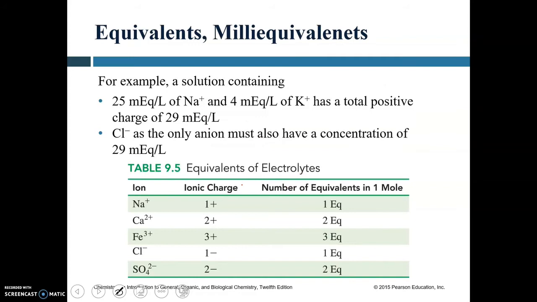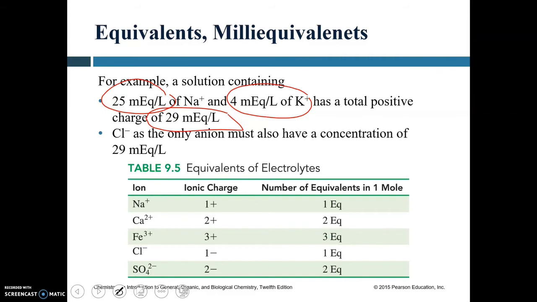So here's an example of the idea behind the equivalent. If a solution contains 25 milliequivalents per liter of sodium and 4 milliequivalents per liter of potassium, the total positive charge is 25 plus 4, 29 milliequivalents per liter. In this case, the amount of chloride ions needed to balance 29 milliequivalents per liter should be the same, 29 milliequivalents per liter.